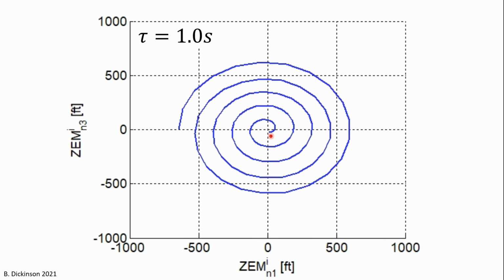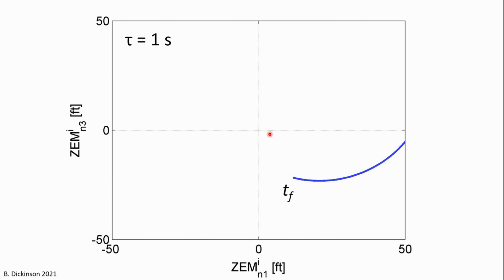Now the pursuer proceeds along the spiral approaching the origin, but note that it stops just slightly offset from the origin itself. Now here's zooming in on the origin, where the final time to intercept is this point right here.